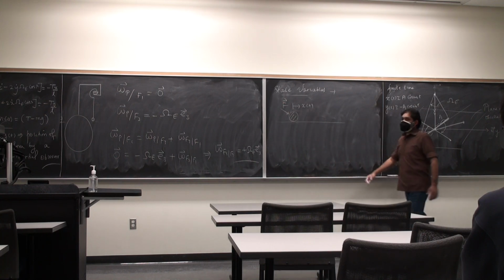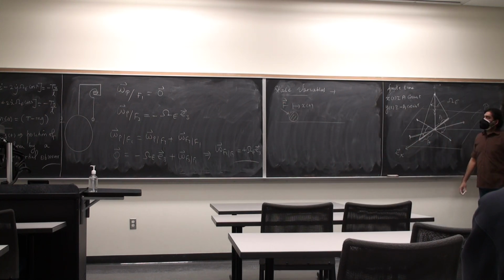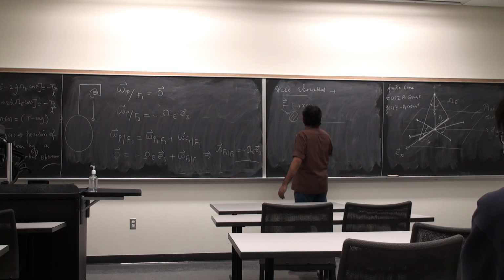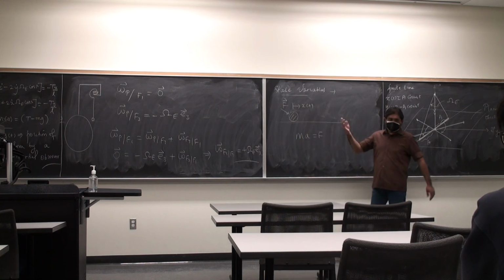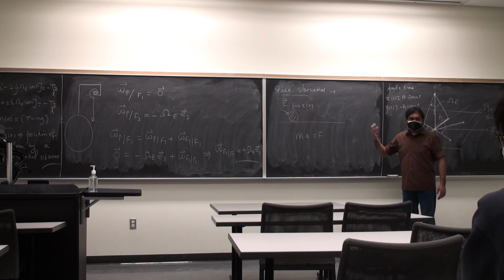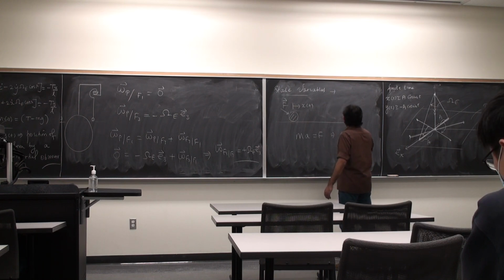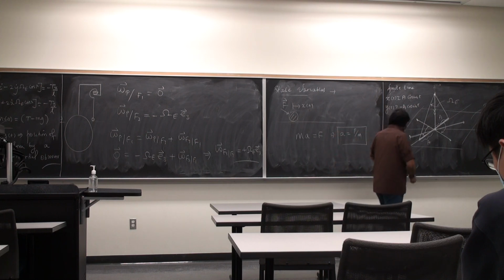And from basic vector equations and using Newtonian mechanics, we can say that the mass times acceleration is equal to the force. Doing rectilinear motion, so acceleration is going to be in the x direction, the horizontal direction. There is no surprise in this one. So acceleration is F by m.